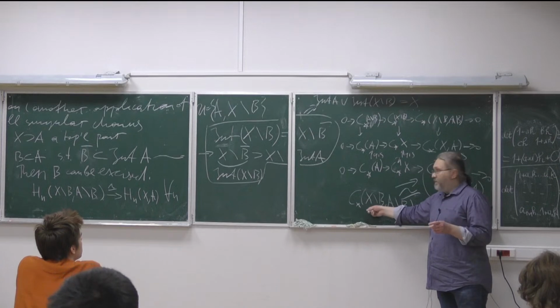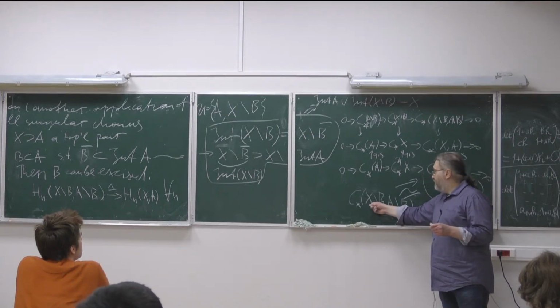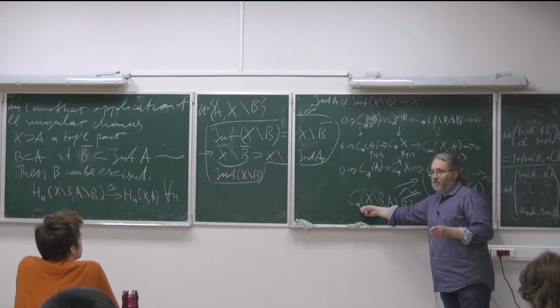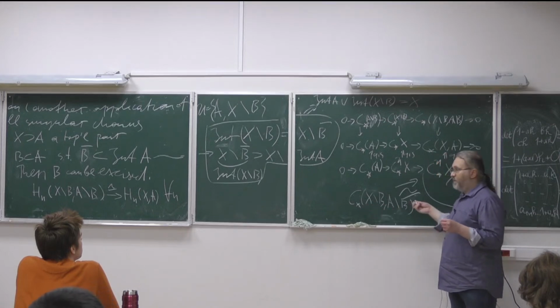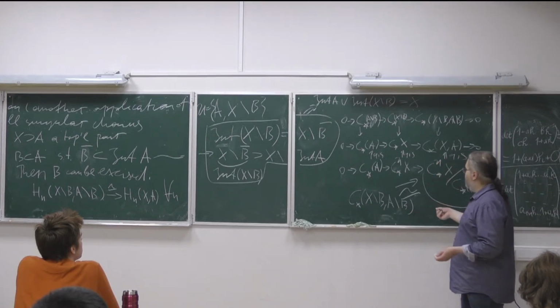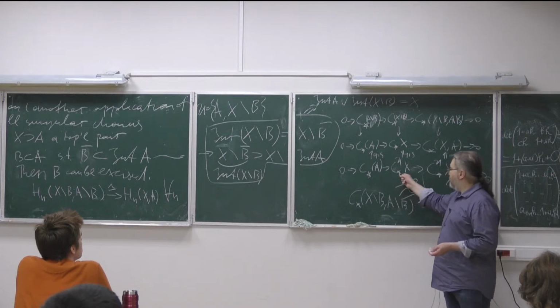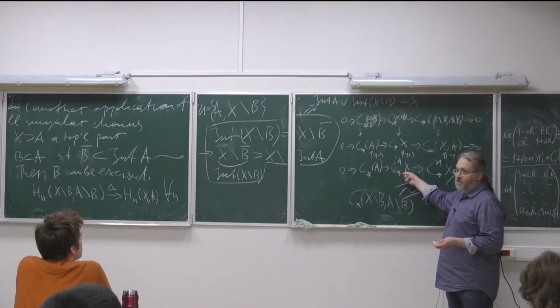Suppose we have an element of C lower star of X minus B. Well, this is naturally an element of C^U of X.